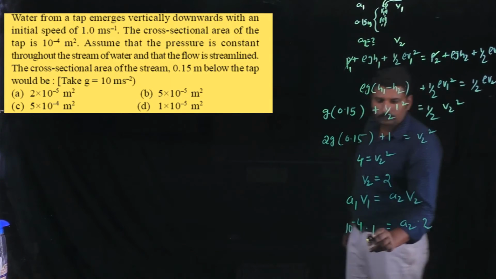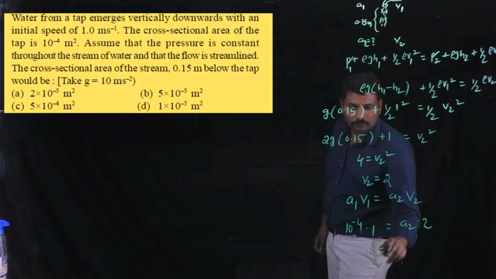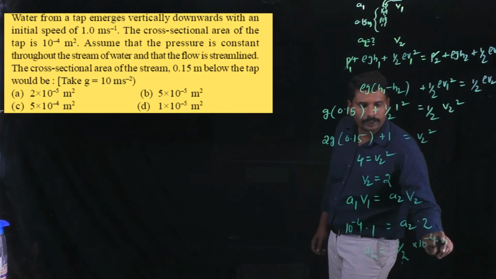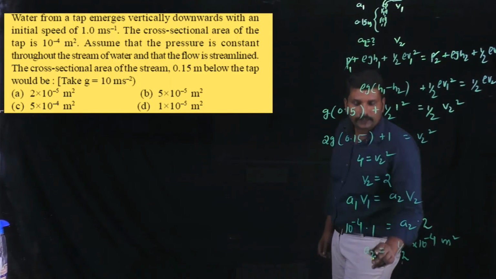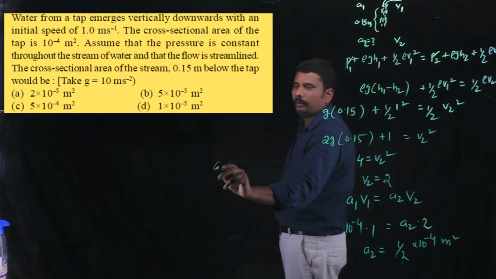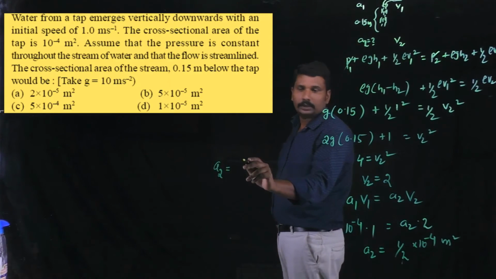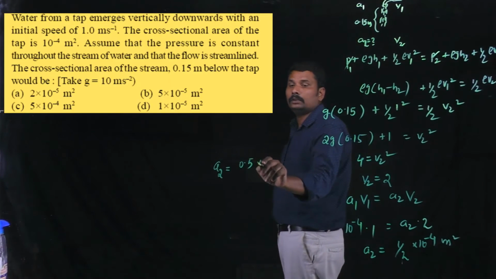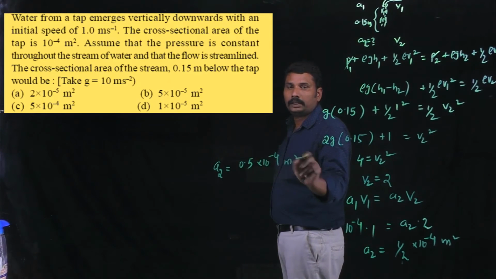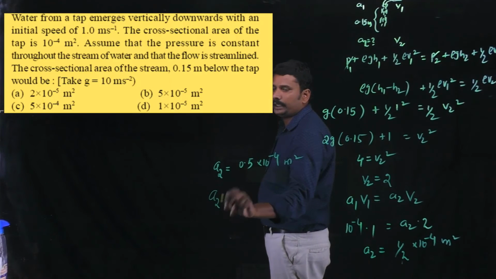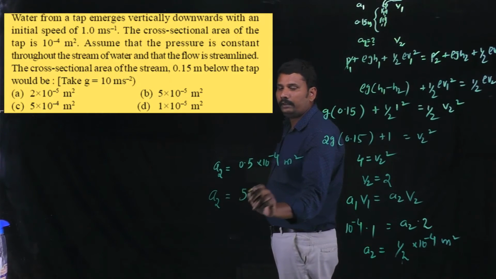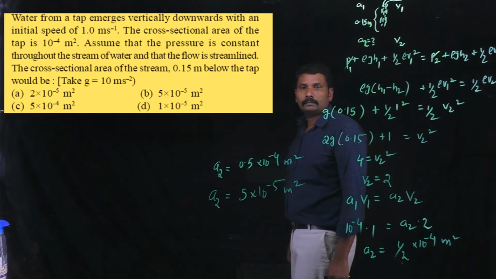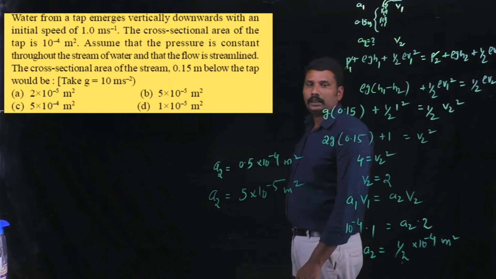From this a2 equals to 1 by 2 into 10 power minus 4 meter square. 1 by 2 is nothing but 0.5, into 10 power minus 4 meter square, and it can be rewritten as a2 equals to 5 into 10 power minus 5 meter square. So option B is the correct answer.